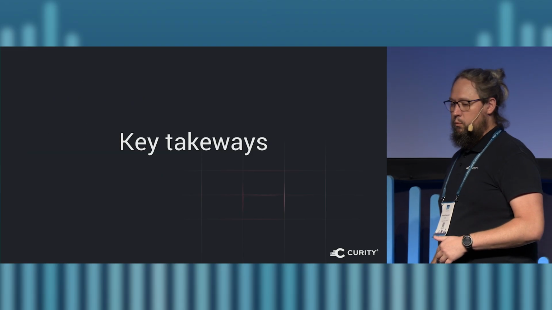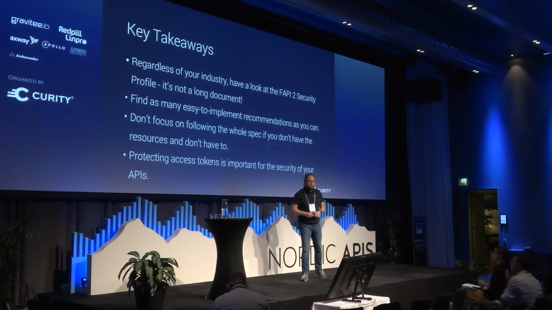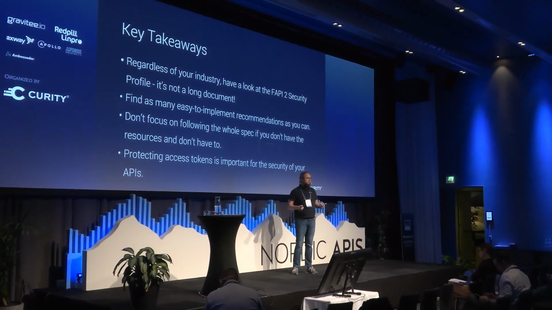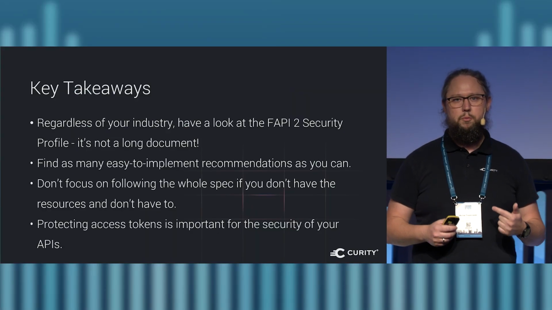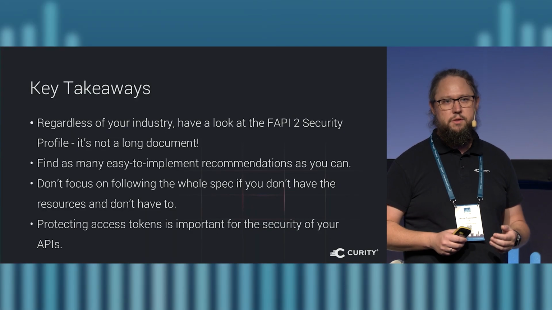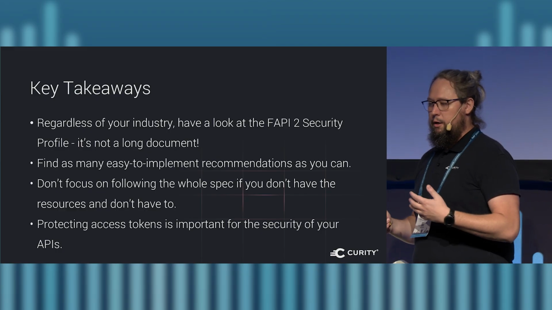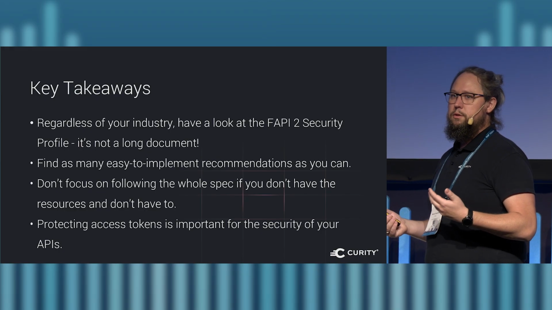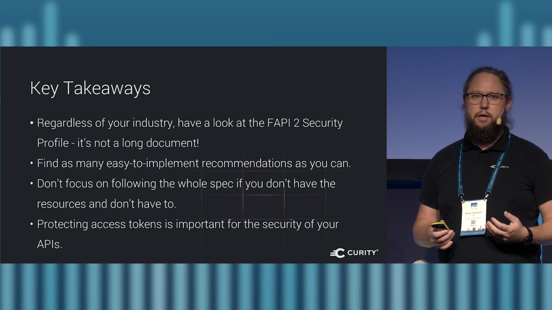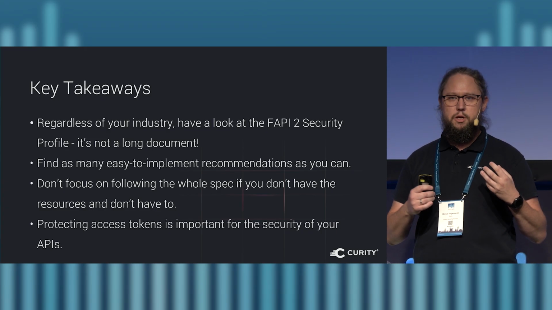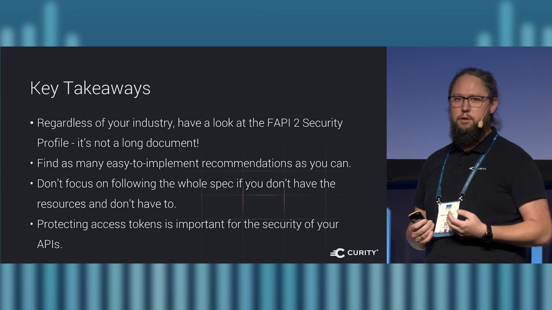So what I would like you to remember from that talk, regardless of the industry that you're in, have a look at FAPI. It's not a long document, and so you can read it quite quickly. And what is important, you don't have to implement the whole security profile. Just have a look at it, check what are the easy options, the things that you can easily implement.